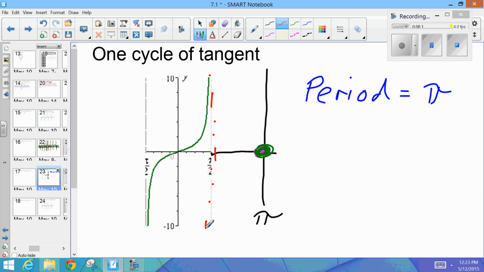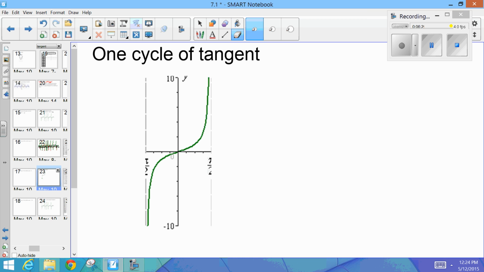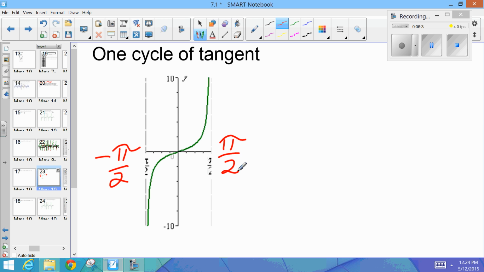So if I were to graph this between 0 and pi, which is the period, I've got a broken function. It's not showing the continuity. And so one cycle of tangent is defined between negative pi over 2, that was cut off when I cut the picture, and pi over 2. We don't define a cycle starting at 0 when we're talking about tangent.